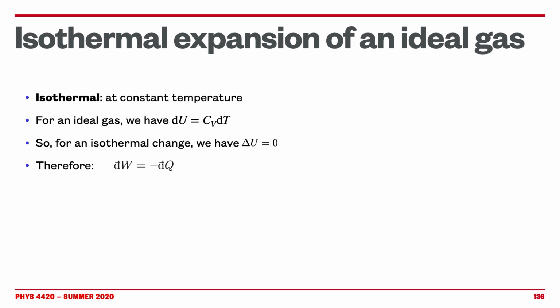So minus the heat provided to the system is the heat that's taken from the system, right? So basically the work done on the system is equal to the heat that's transferred from the system. In other words, whatever comes in has to come out, because we know that the total energy change is equal to 0.